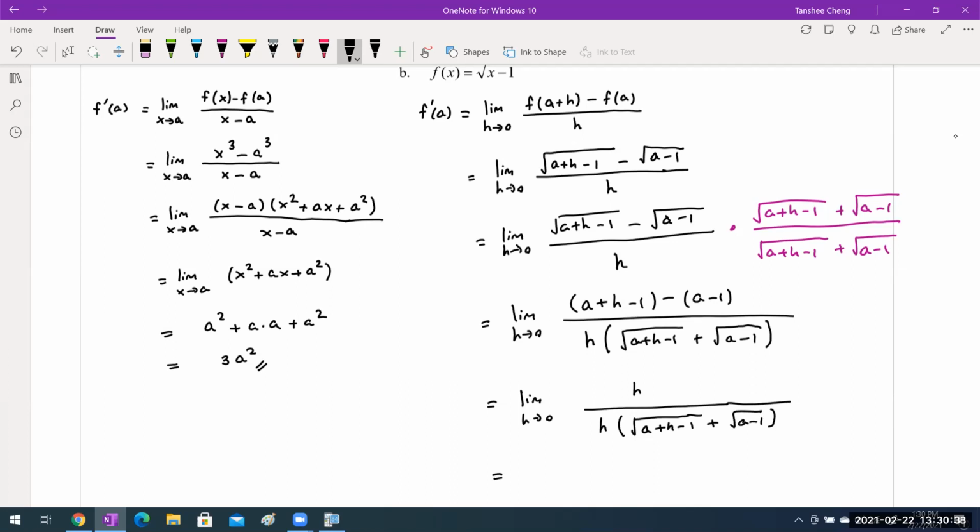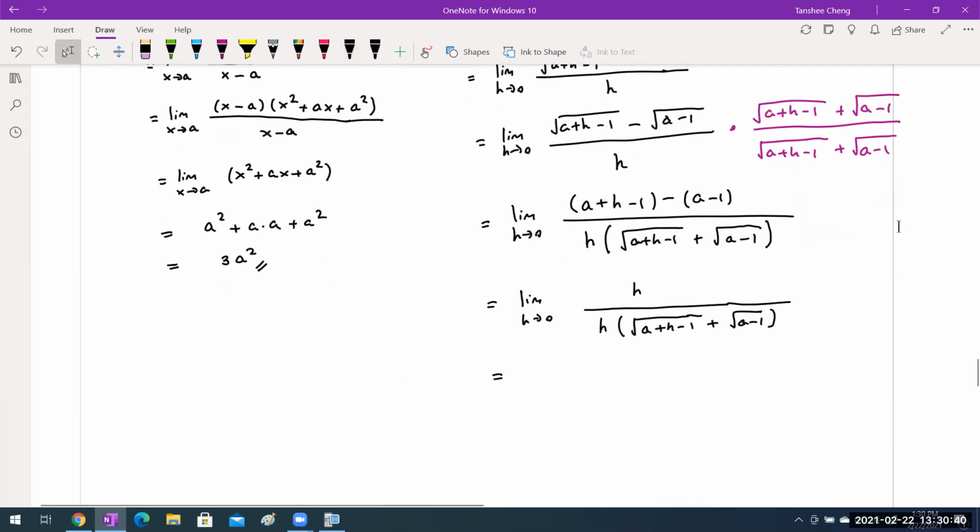So finally, this will become the limit as h approaches 0 of 1 over, because h and h cancel out, square root of a plus h minus 1 plus square root of a minus 1.